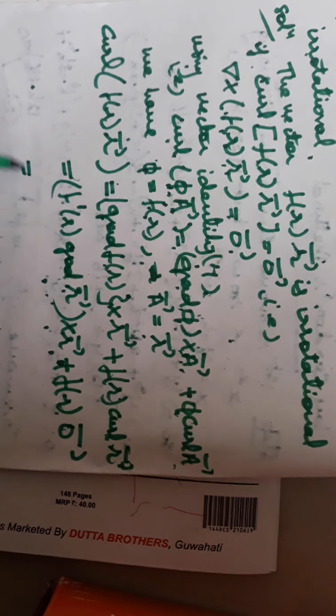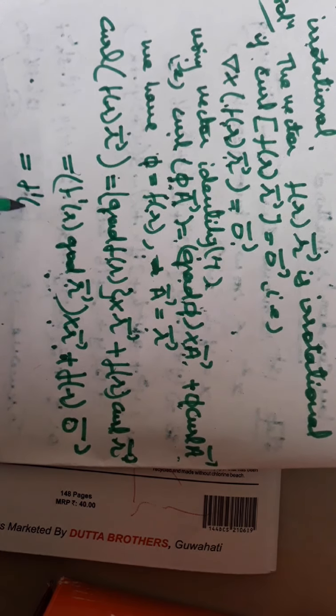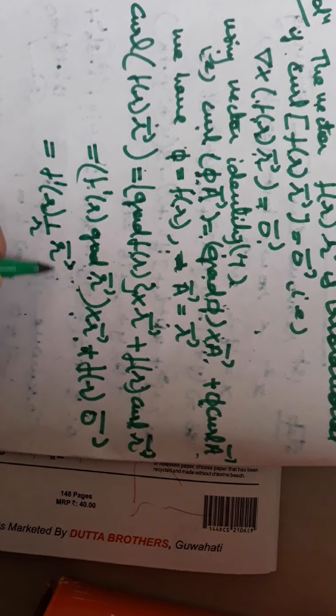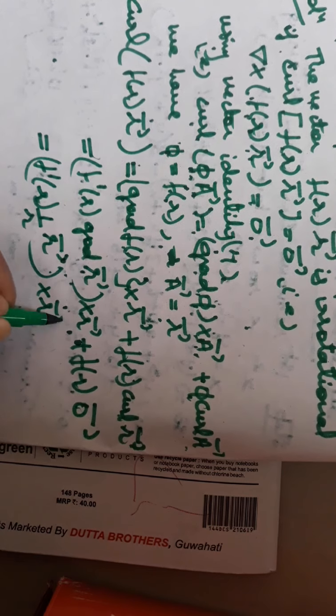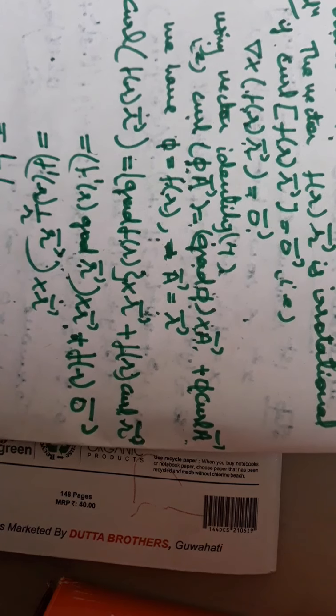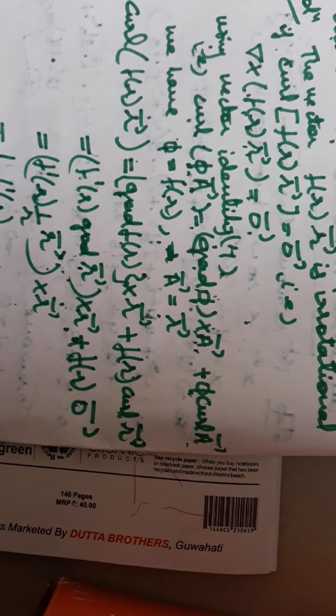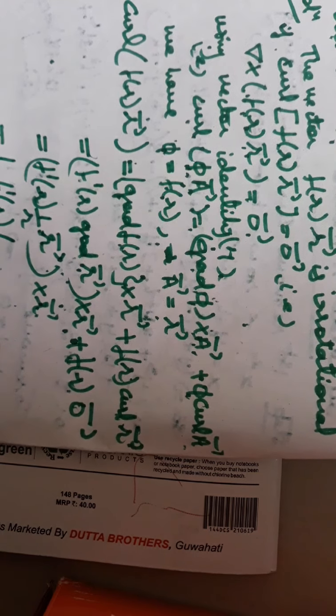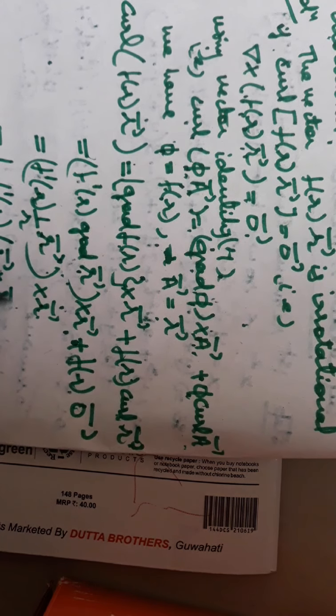So therefore this is equal to f prime of r, and gradient of r, as you know, is 1 upon r into vector r bar, cross r bar. So this 1 upon r into f prime of r is a scalar quantity.